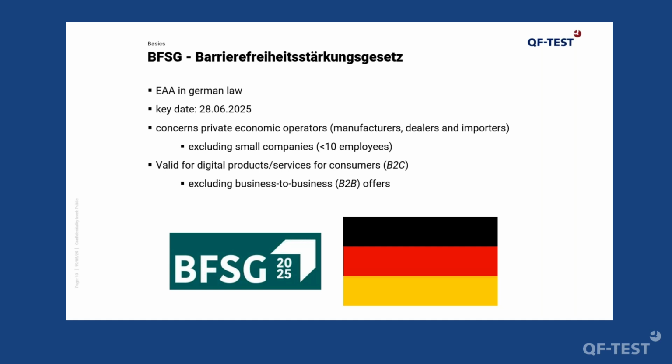If you're doing strictly business to business offers, it will not apply, but as soon as you have consumers, or if you're doing business with the government, for example, these accessibility laws will apply. So yeah, if you're selling something, basically you have to be accessible.